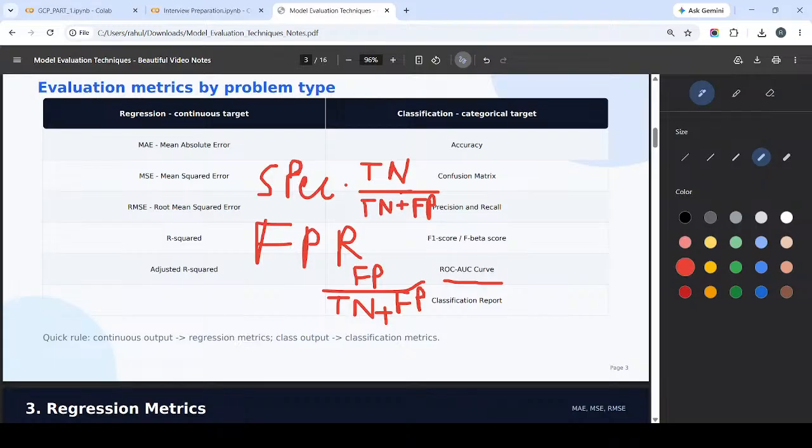But for now, it is the performance measurement for a classification problem at various threshold settings. Also, the ROC curve is the curve between false positive rate and true positive rate.